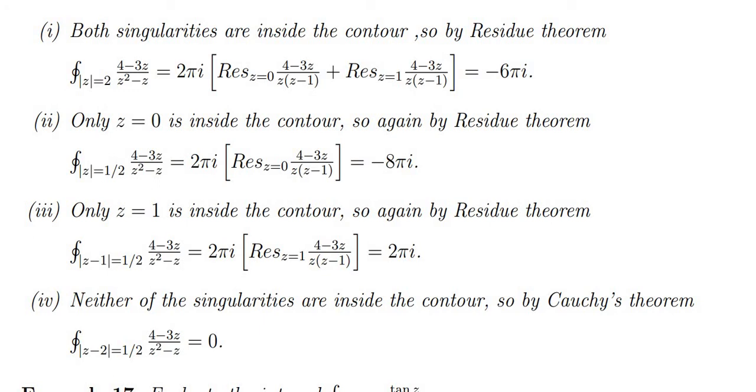For the third contour, |z − 1| = 1/2, only z = 1 is inside. So this integral is equal to 2πi times the residue at 1. The value of this integral is 2πi. For the final contour, |z − 2| = 1/2, neither of the singularities are inside, so by Cauchy's theorem, the value of this integral is 0.